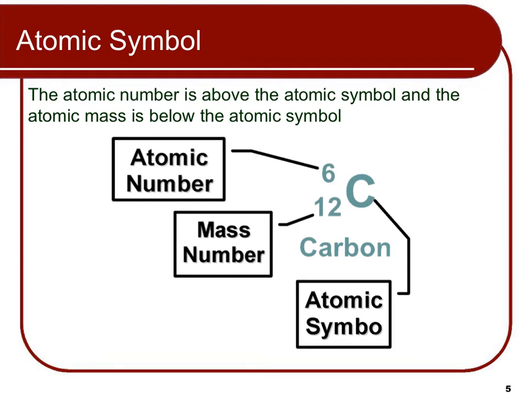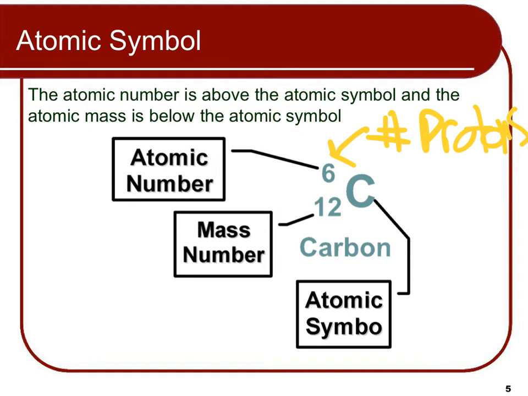So, each box in the periodic table has the atomic number, the atomic mass, and then the chemical symbol. The atomic number is the number of protons inside of the atom. So let's see here. This is going to show us the number of protons.